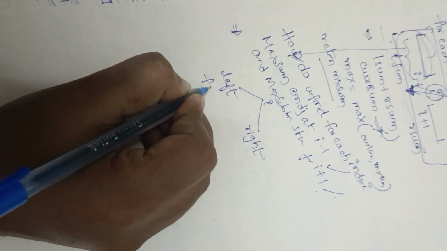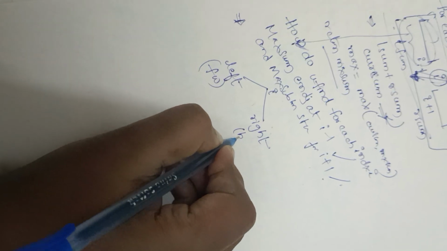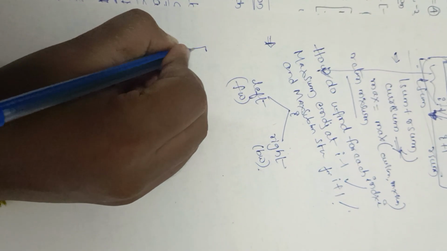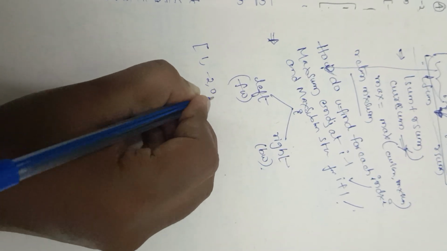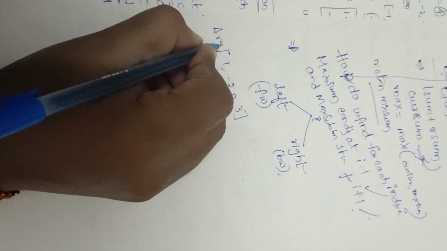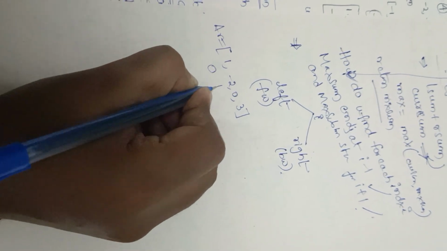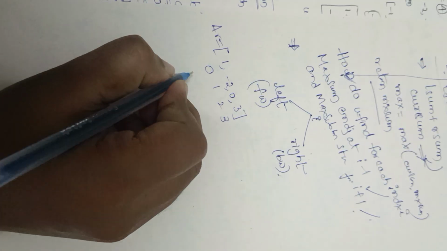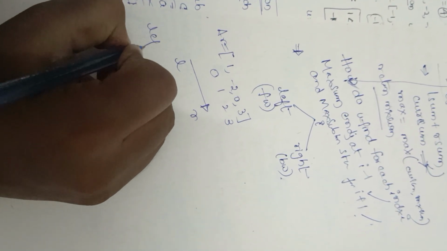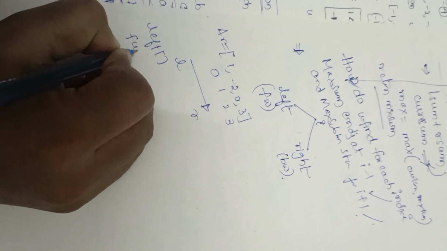Or we can call it the forward array, and this is the backward array. For this example, these are the indices. Scan from left to right and create the left array, the forward array.